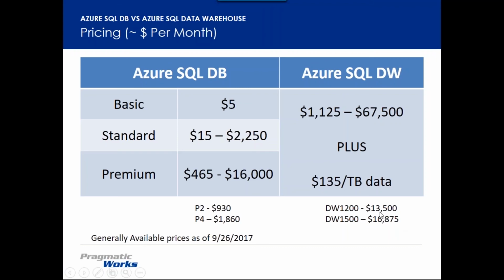What I was trying to illustrate here is that this data warehouse 1200 for 13,000 is about the same price as the high end database, which is about 16,000. So price-wise, the maximum database is about the same cost as a 1200 or 1500 DWU data warehouse. And on the low end of the Azure SQL Data Warehouse, you're talking about a comparable price of a P2 database.